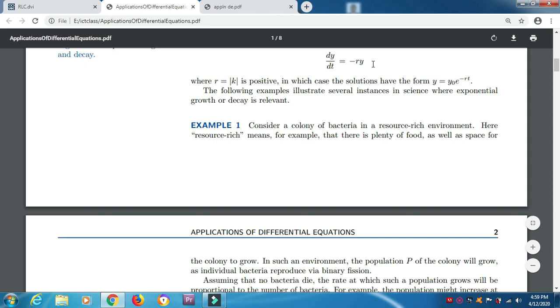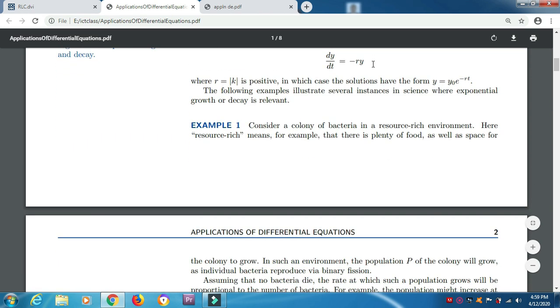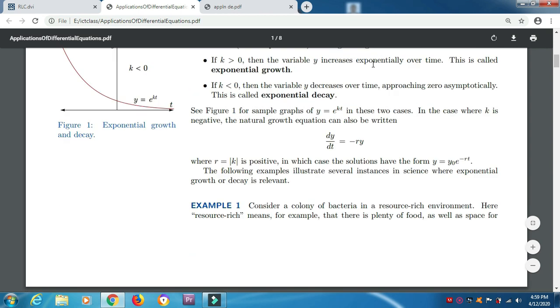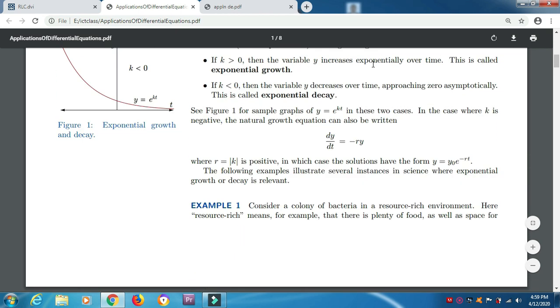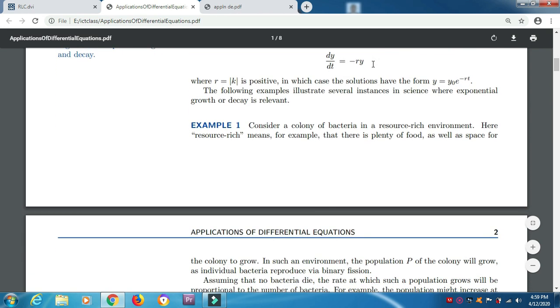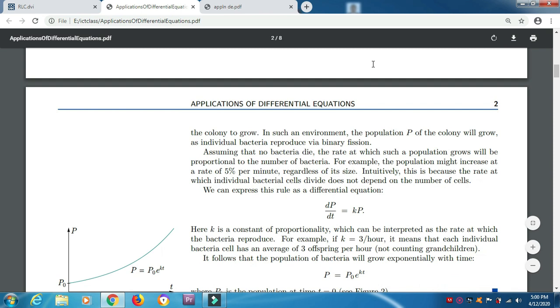Here resource rich means, for example, that there is plenty of food as well as space for the colony to grow. In such an environment, the population P of the colony will grow as individual bacteria reproduce via binary fission.